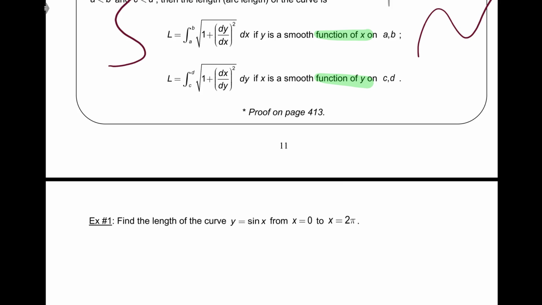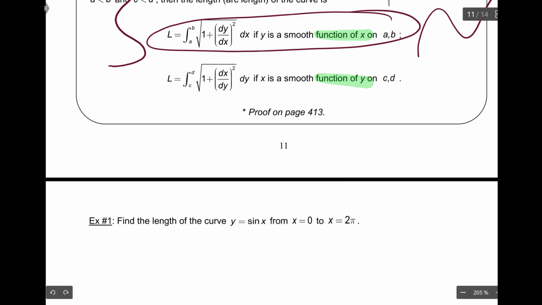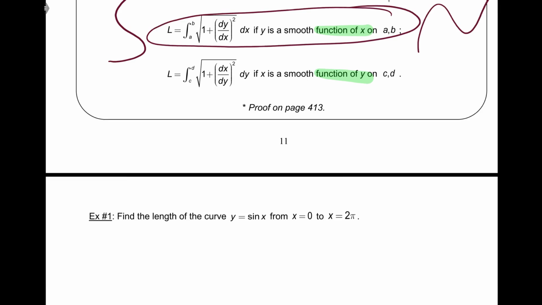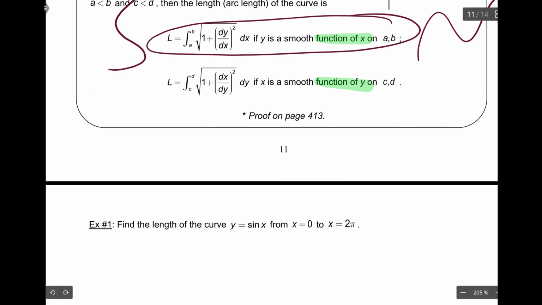We could look at the proof. We're going to be using this top one, dy/dx. It's just the derivative. And you asked why it was 1 plus? Because then wouldn't the bottom length of the triangle be 1 every time?